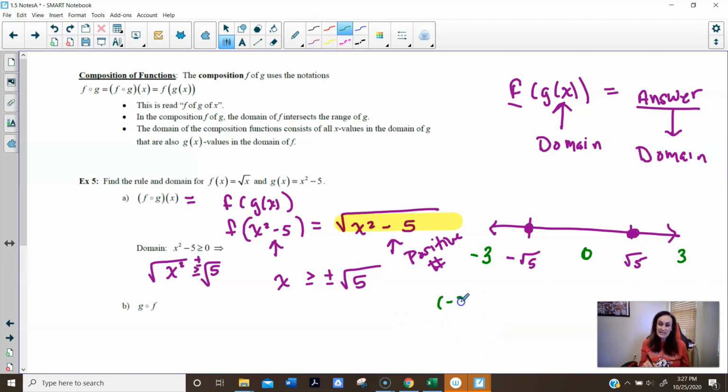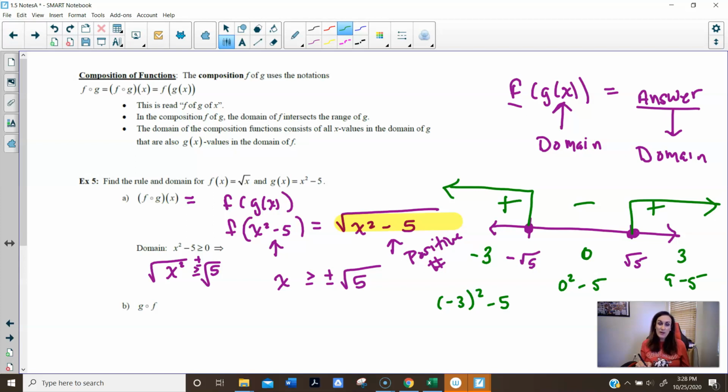So if I take -3 and I square it and I subtract 5, I'm going to get a +4. So that is good. If I take 0 and square it and subtract 5, I'm going to get a negative answer. So everything in between there is no good. If I take 3 and square it, I get 9, subtract 5, which is +4. So I am good with all of the values going in that direction and all of the values in that direction.